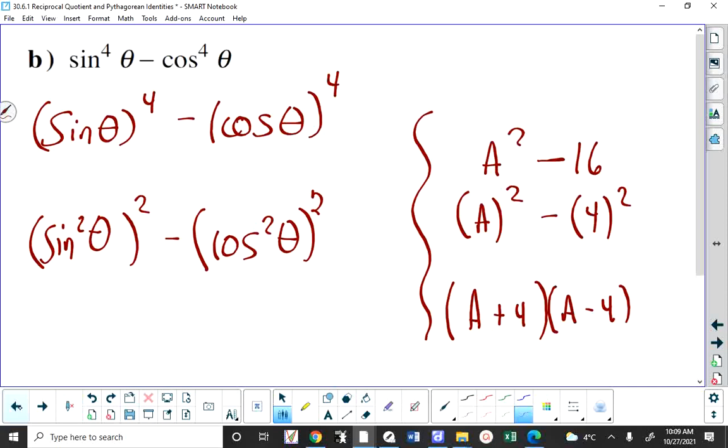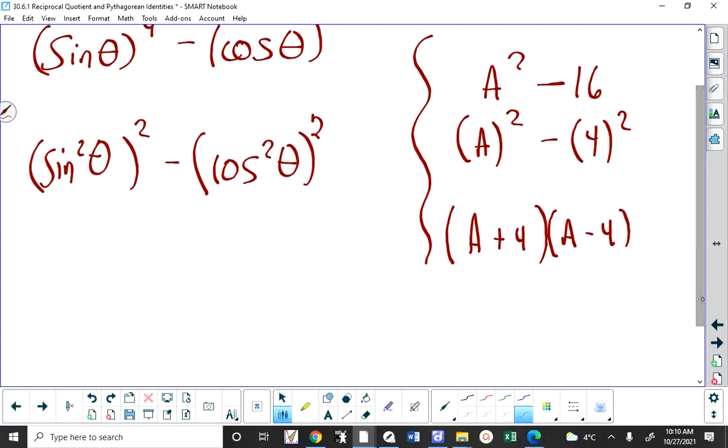So, I mean, compare what I have here in this line on the left, where I've left off, to the line that's right next to it on the right. We have something squared minus something squared. It's not a squared minus 4 squared, it's sine squared squared minus cos squared squared. But we're going to factor it in the same way.